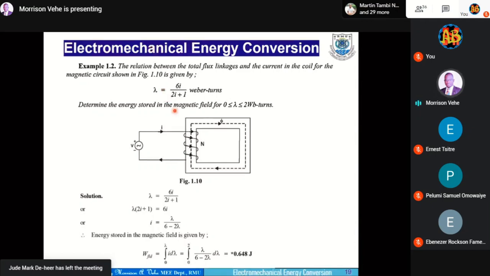Okay, so if you want to maybe gain more understanding, it simply means there will be some source energy.